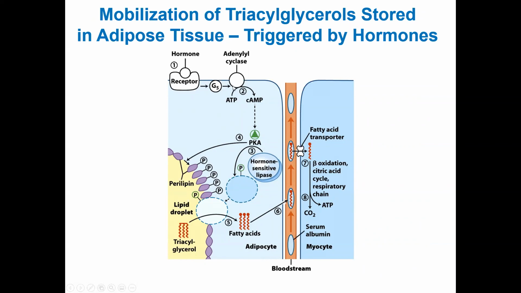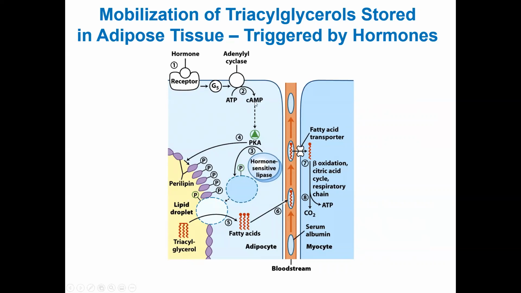One of the downstream events is that the enzyme adenylyl cyclase, which makes the second messenger cyclic AMP from ATP, gets activated. So binding of hormone to the receptor will stimulate adenylyl cyclase via G protein to make cyclic AMP.